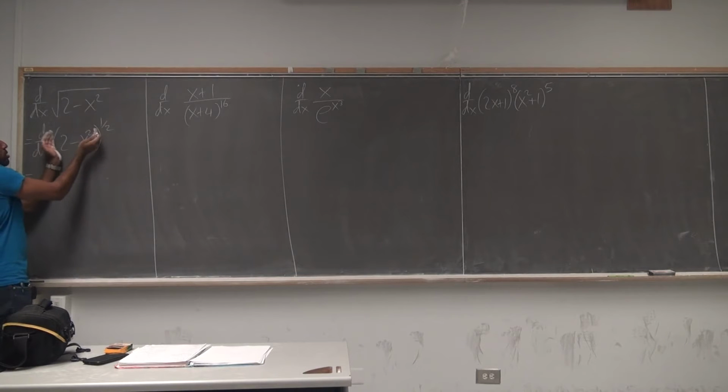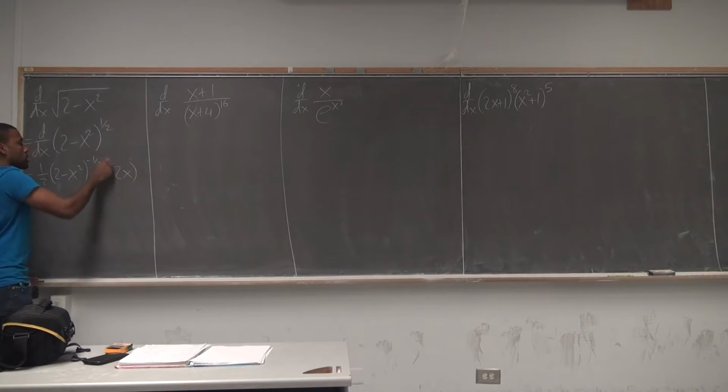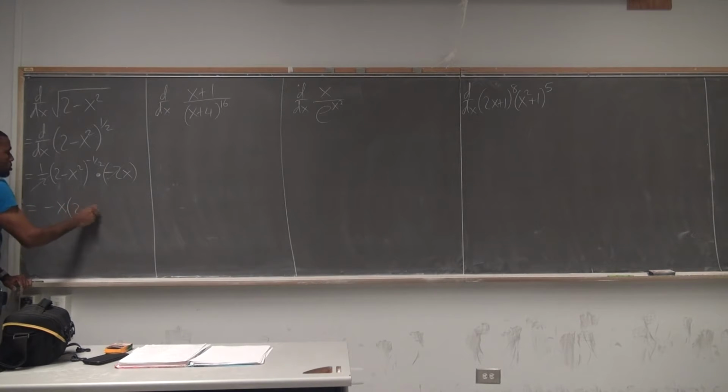Notice that there's an inside function plugged into a power, so let's do the power rule. Minus a half. And then minus 2. Which the 2 can cancel this 2. And you have minus x times 2 minus x squared to the minus half.